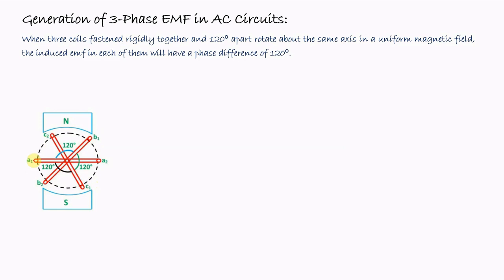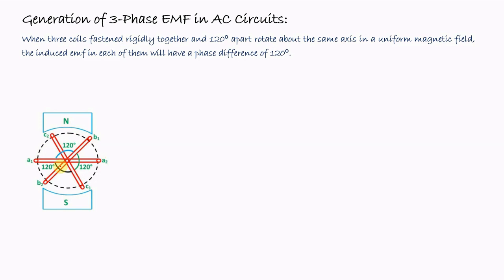And A1, A2 is considered as the first coil. The second coil starts after 120 degrees. That means the angle between A1 and B1 is 120 degrees. Similarly, the starting of the third coil is 120 degrees from the second coil, and it should be 240 degrees from the first coil.